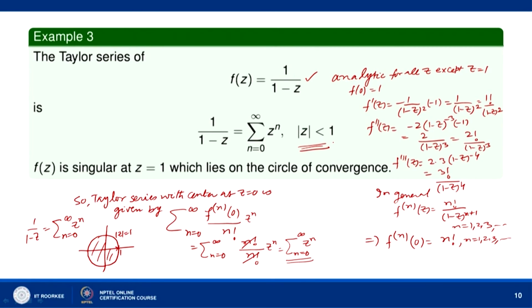Now, suppose we consider f(z) = 1 over 1 plus z. Then the Taylor series for this function f(z) can be found from the Taylor series of f(z) = 1 over 1 minus z. How we can do that?